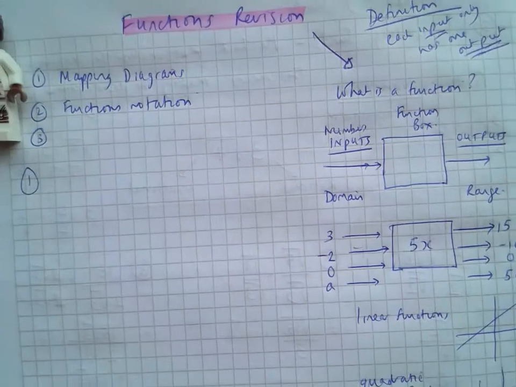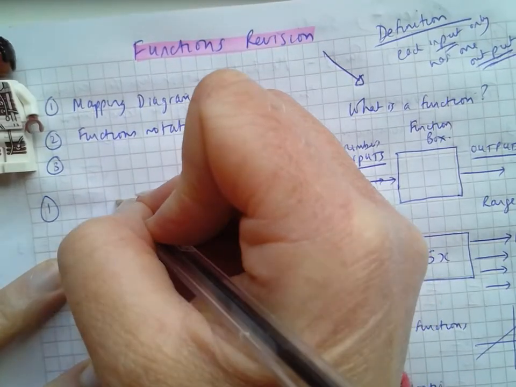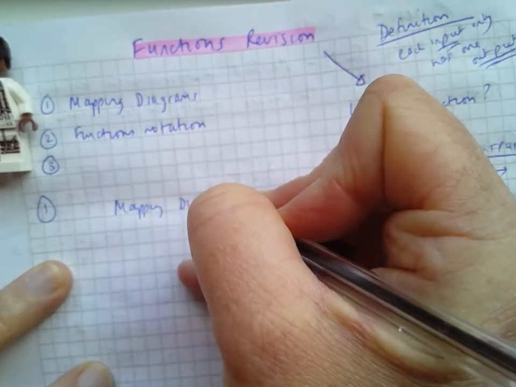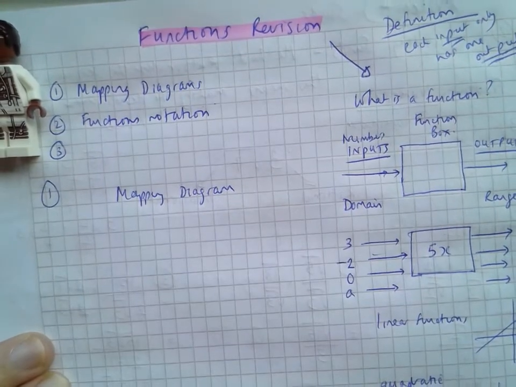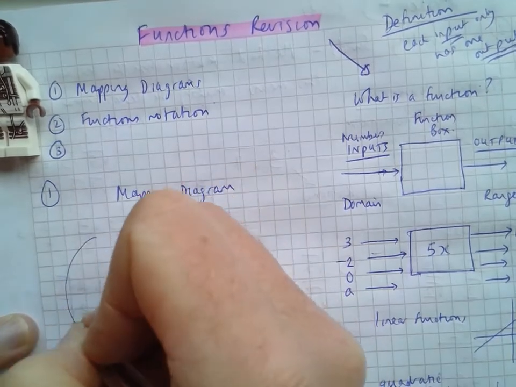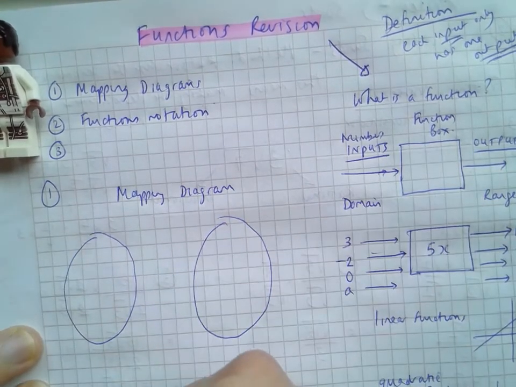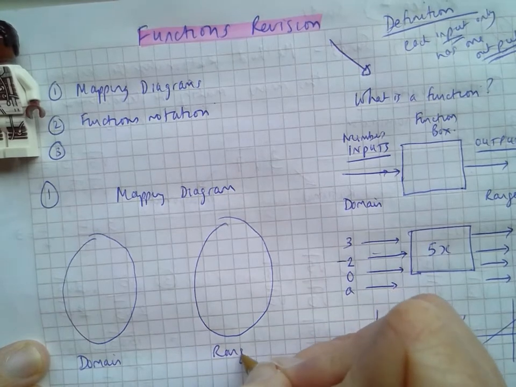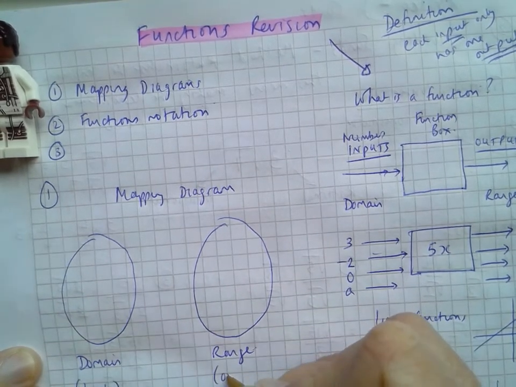There's another way that we're asked to represent functions, and that's in a mapping diagram. In a mapping diagram, we have two circles. One circle represents the domain, and one circle represents the range. Remember, one circle represents the inputs and one circle represents the outputs.